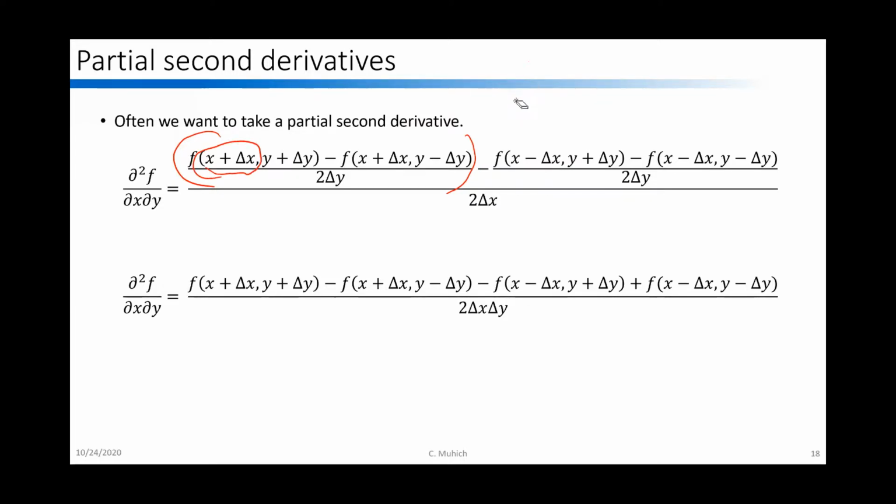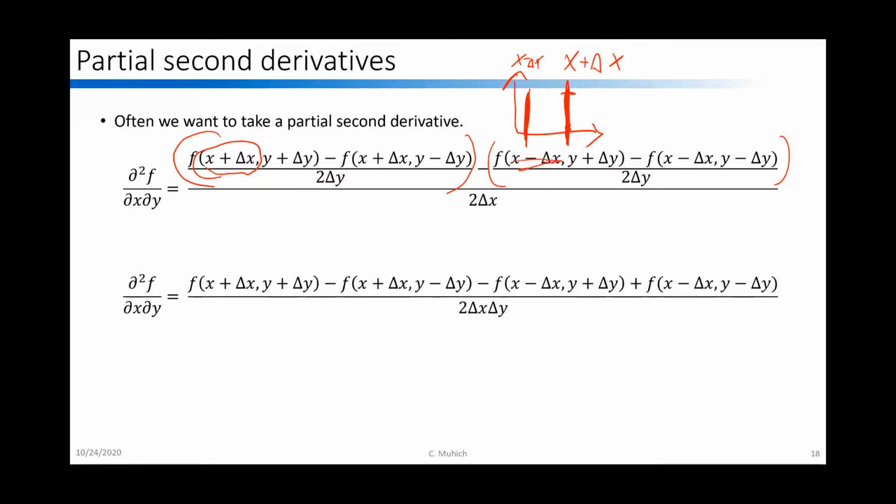So maybe if I draw out a sketch, I take my finite difference derivative, say at this point, x plus delta x, and then I take that same derivative with respect to y along this point, x minus delta x.